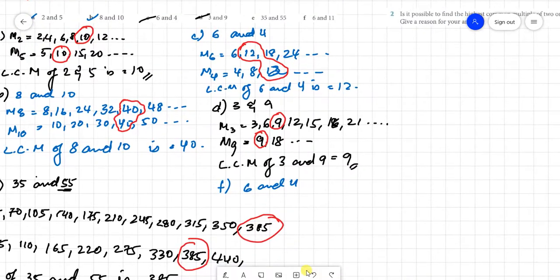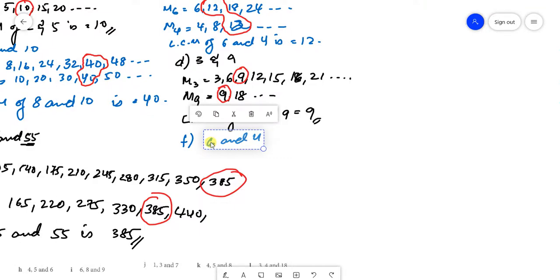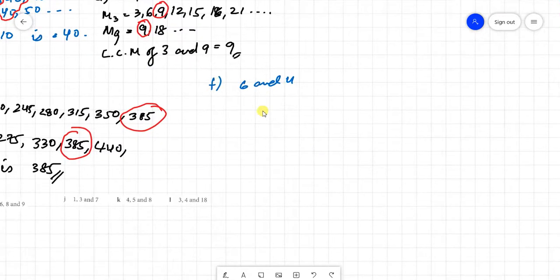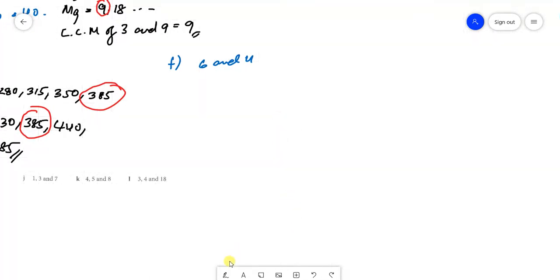Okay, well, now we have 6 and 11. Bring it here. Okay. So first we write M6 is equal to 6 ones are 6, 6 twos are 12. Or we can write one thing. First we go with the 11 one.